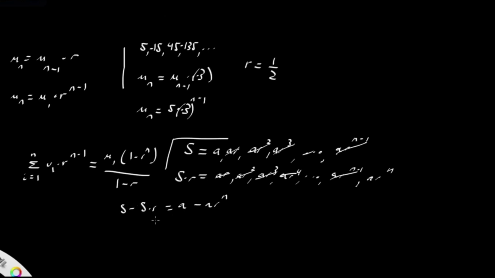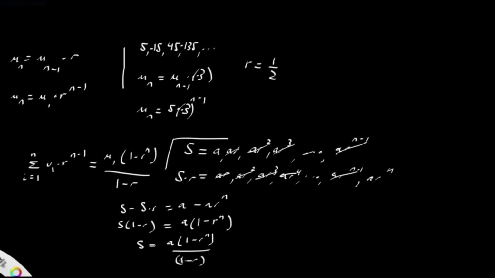We can rewrite this as S times 1 minus r is equal to a times 1 minus r to the n, or S is equal to a times 1 minus r to the n, divided by 1 minus r.